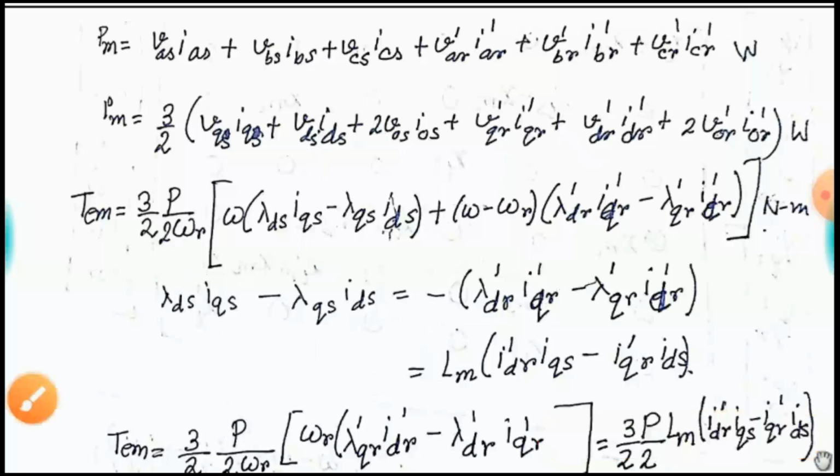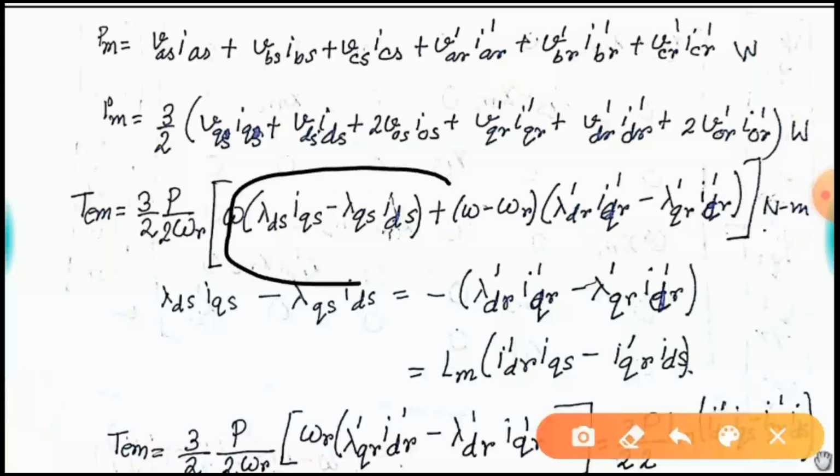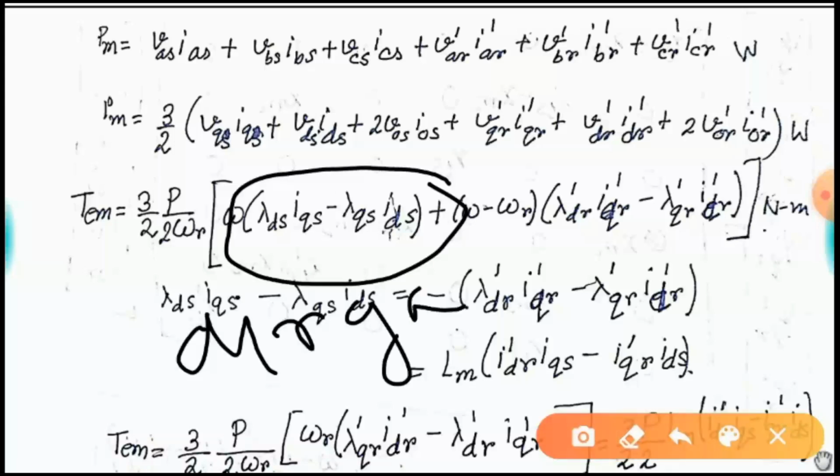So the basic thing I'm trying to say is that this flux and current winding, they are in quadrature. They are responsible for this torque production and power transmission. So while we are talking about this torque production, you can assume this is our kind of air gap power.